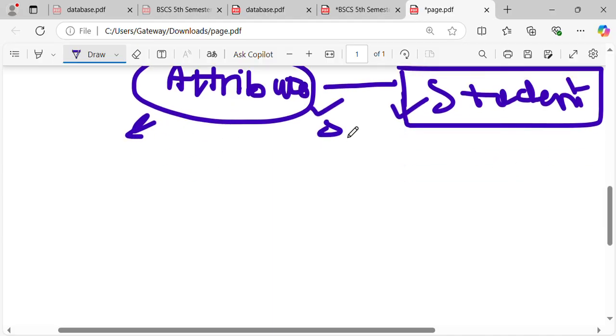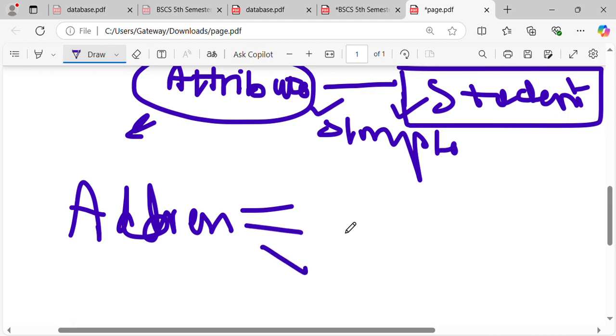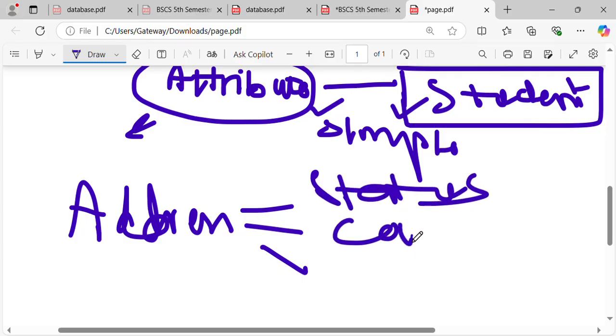This one is simple because there is nothing specific attached to it. We have a composite attribute. Composite attribute means that it is made of more than one simple attribute, right? So for example, if I have an attribute called address, it could have various other attributes, like a state, a country, or a postal code.